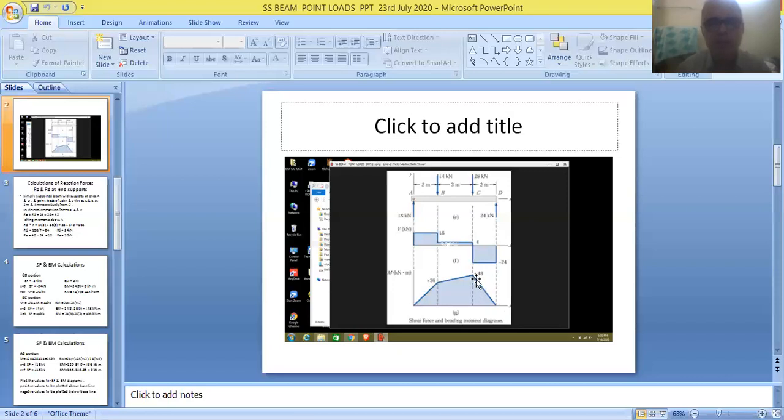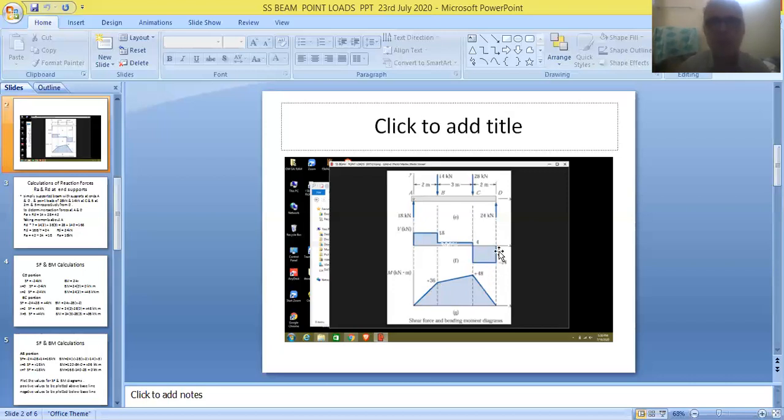At X equal to 2 meters, it is plus 48. At this point, it is equal to plus 36. And finally, at this point again, it is obtained as 0 while making the calculations. So we took all these values and plotted this diagram. And similarly, we took the values of SF and plotted this diagram.